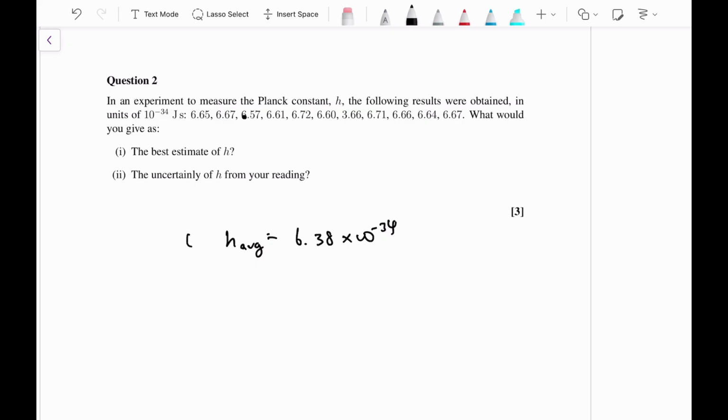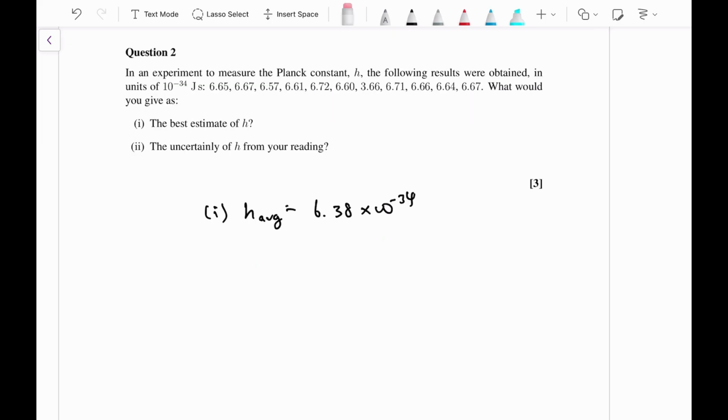Now let's see the second component of the question. It wants us to calculate the uncertainty of h from your readings. And the uncertainty is simply plus or minus an amount, delta. In this case, what we are given is a set of data. So in order to calculate uncertainty, what we want to calculate is the standard deviation of this series of numbers.